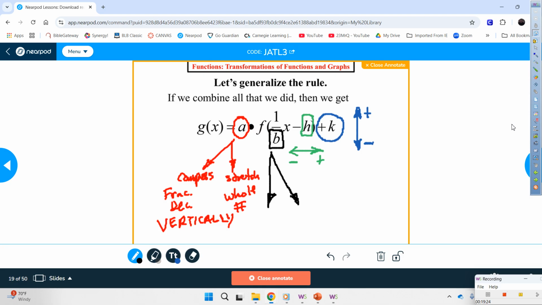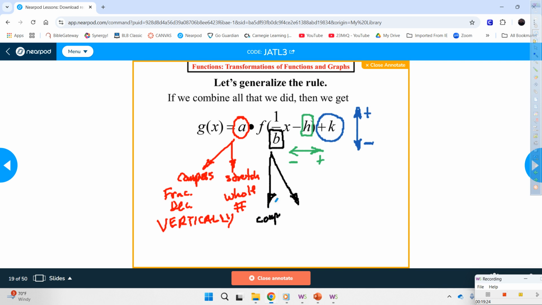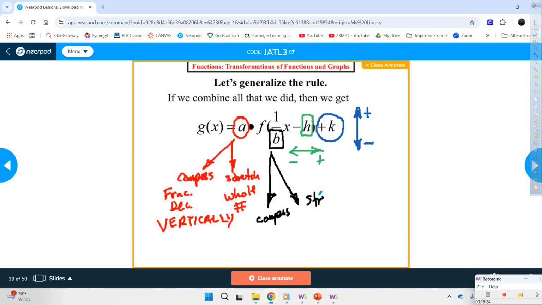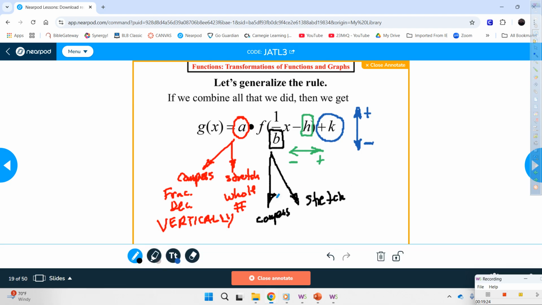All right. So, what would we write for that one? Oh, okay. He said compress or stretch. Compress or stretch if we substitute what?